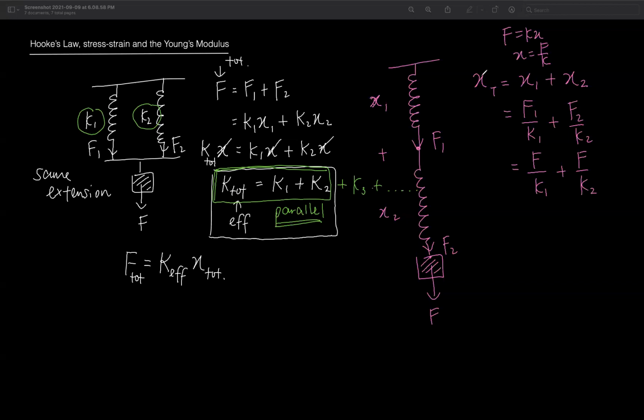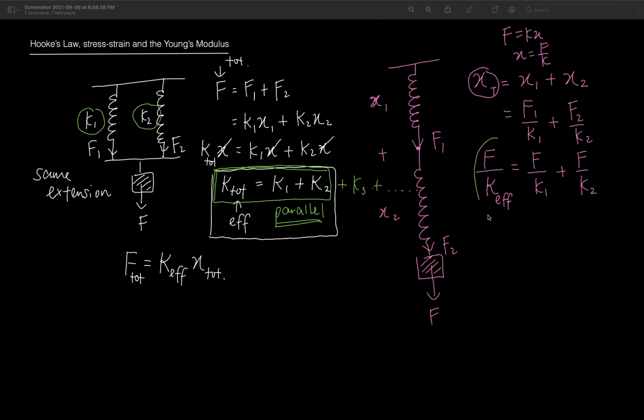Okay, now the X total is equal to the force total. The force total is the same as this force, right? So I don't have to write anything, just the same F, because all this F is the same. Force total over effective spring constant.